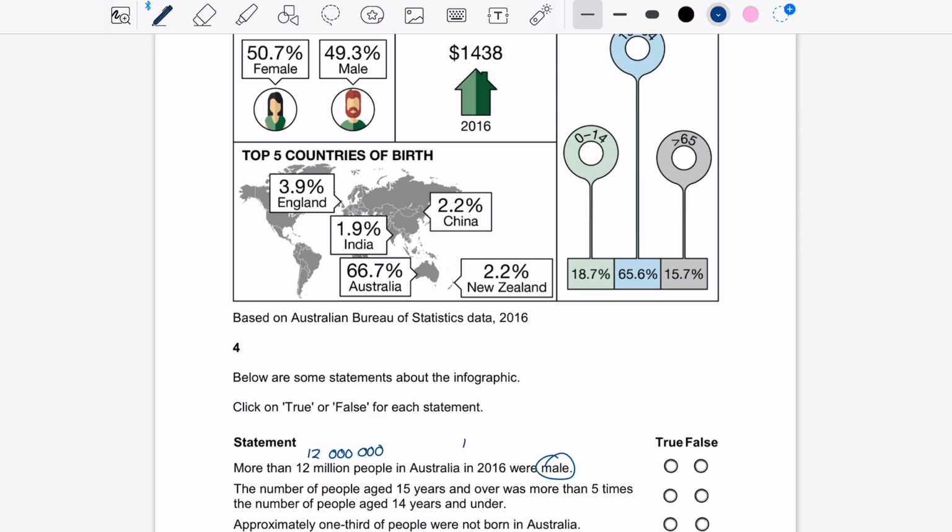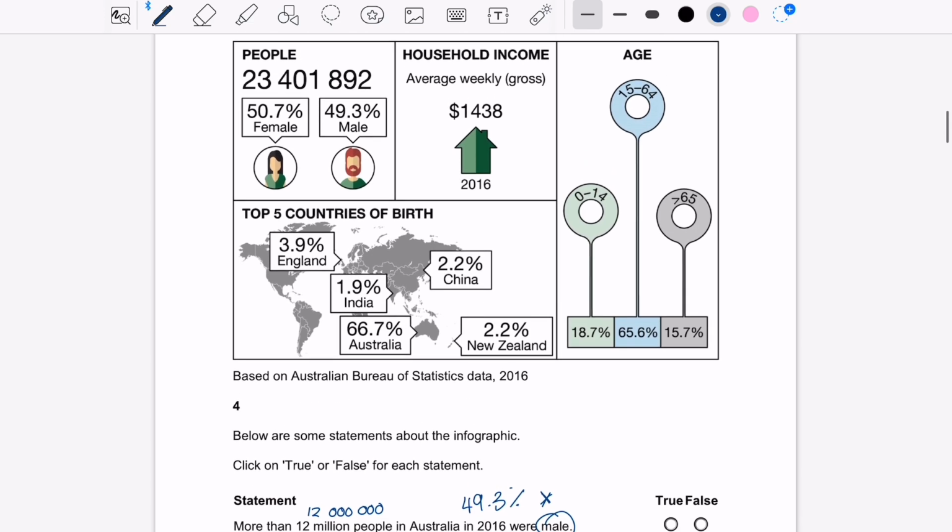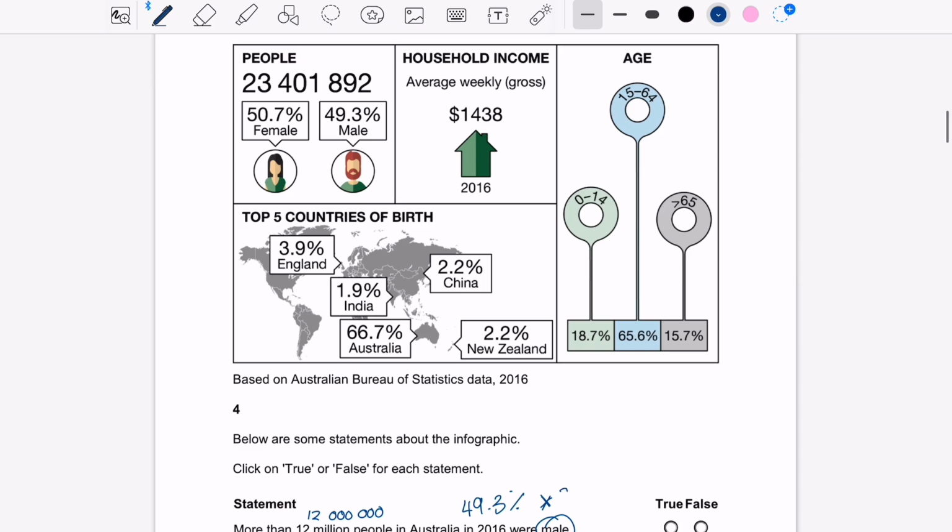So 49.3% of, now to write of mathematically, we just use times, of this number here, 23,401,892. We're going to work out what 49% of that many people is.